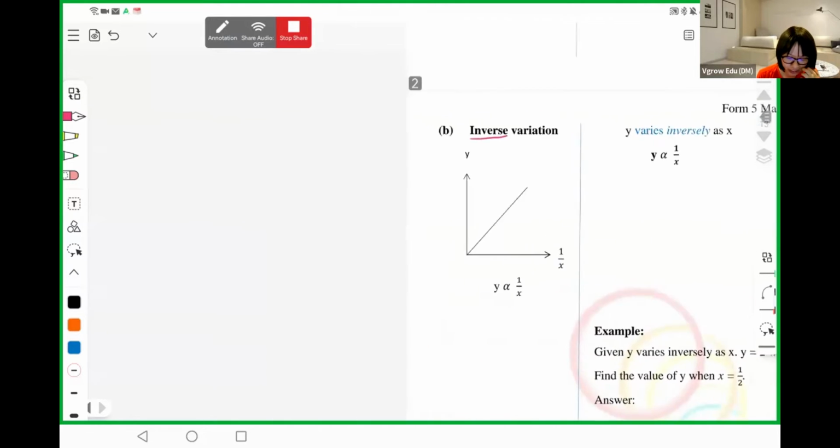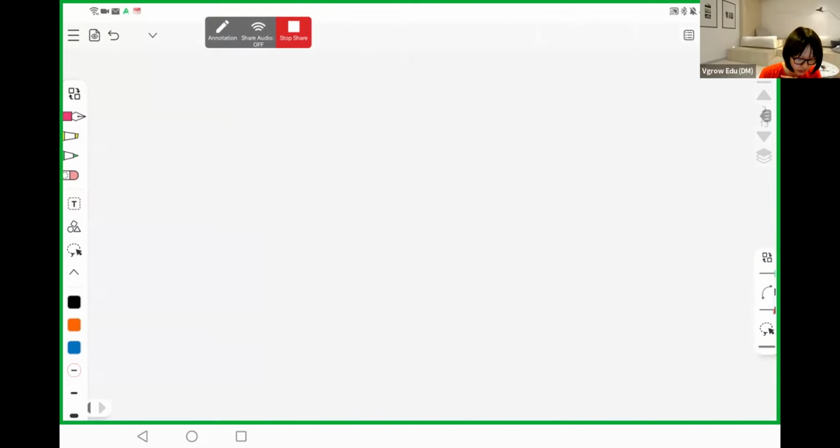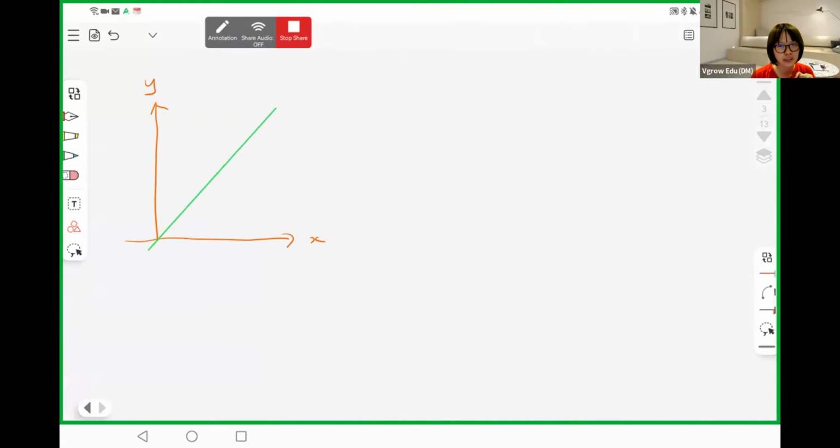Now, don't look at the graph first. Just now we talked about direct variation, where the straight line is moving upwards and the condition is that it must pass through the origin. So this is direct variation.